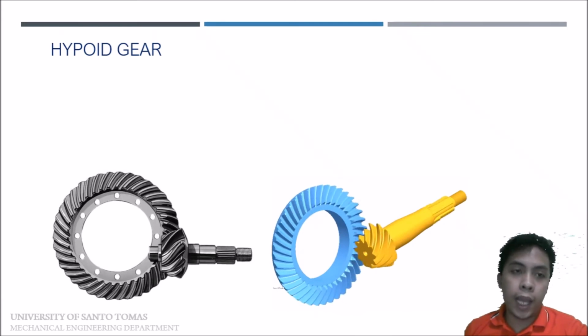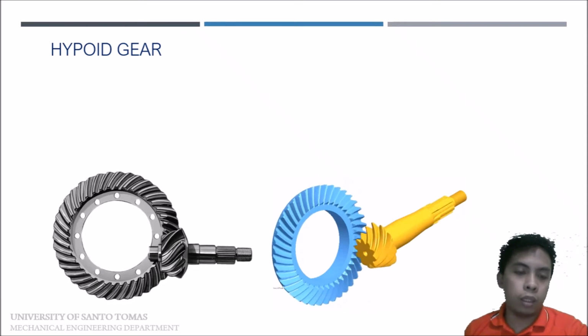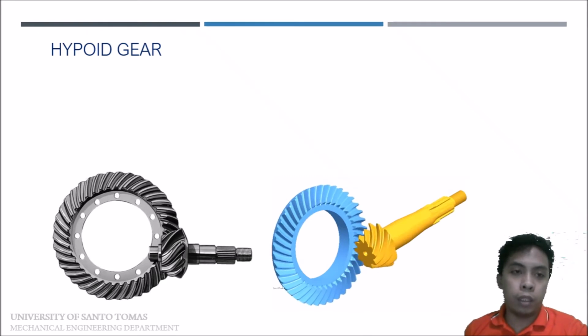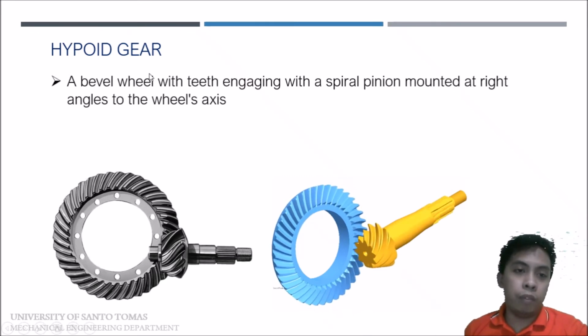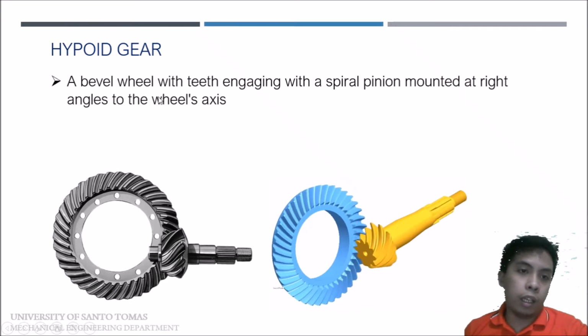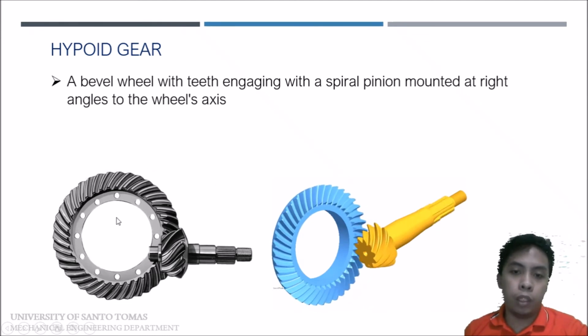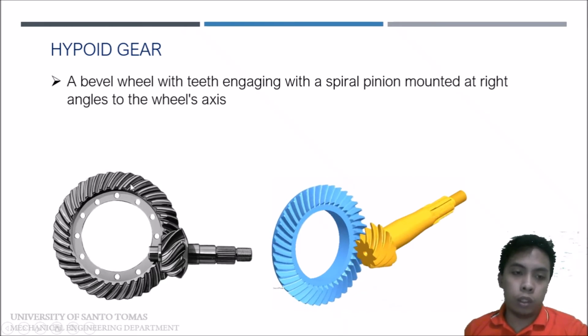Next, and last type of gear is hypoid gear. Si hypoid gear, if you look at it, is almost similar in construction to bevel gear. So it is a bevel wheel with teeth engaging with a spiral pinion mounted at right angles to the wheel's axis. So yung isang visible difference between a bevel gear and a hypoid gear is the tooth construction.